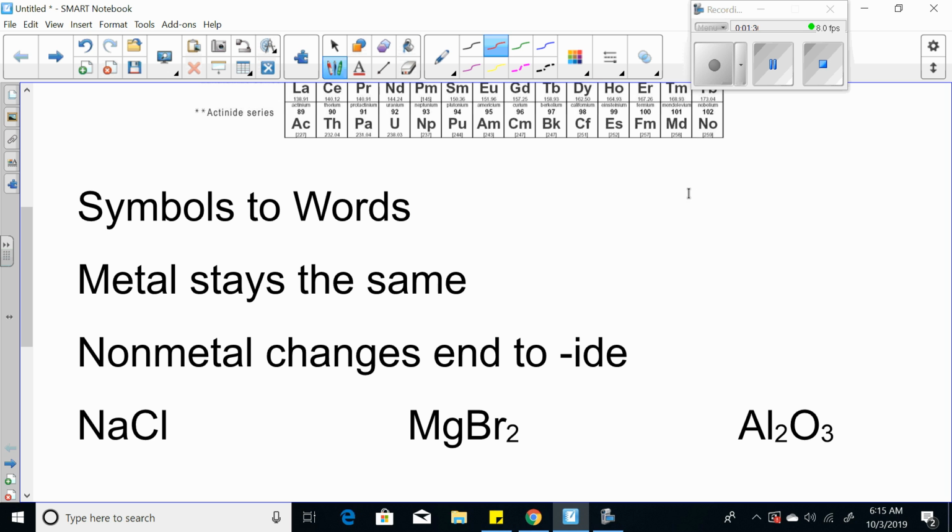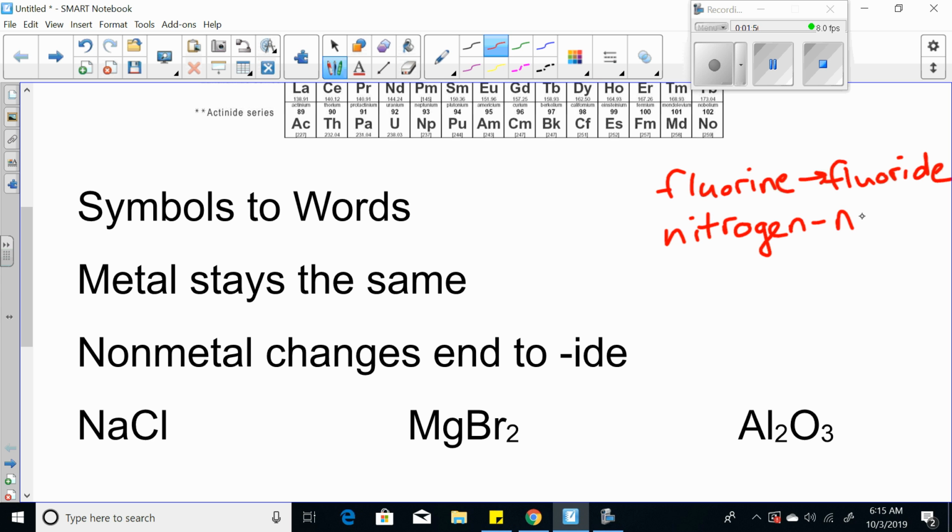So when we're looking at our non-metal changing to IDE, that means fluorine is going to become fluoride, nitrogen becomes nitride, oxygen becomes oxide, phosphorus becomes phosphide, bromine becomes bromide. So you're just adding an IDE to the end instead of the ending that you're given there.